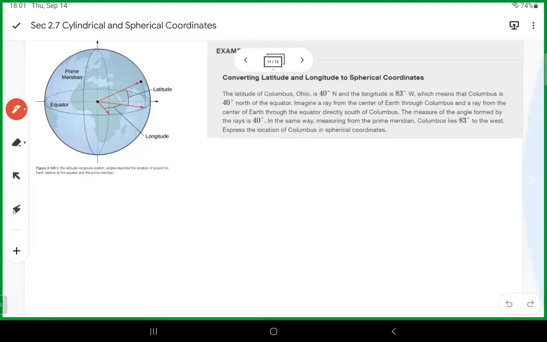Express the location of Columbus in spherical coordinates. Okay, so the first thing you need to recall is that the radius of the Earth is 4,000 miles. So that means that rho will be 4,000 miles technically. But let's just do the units over here.